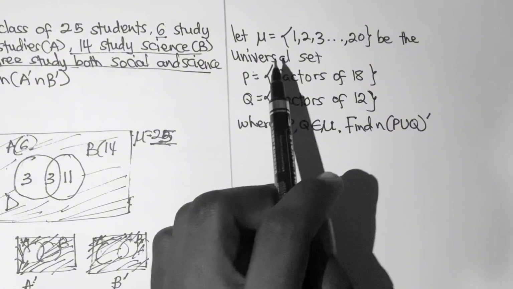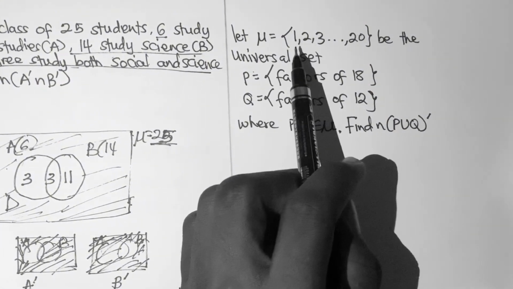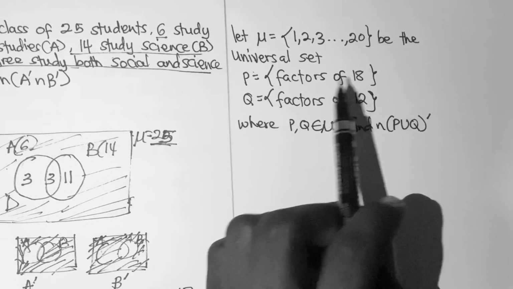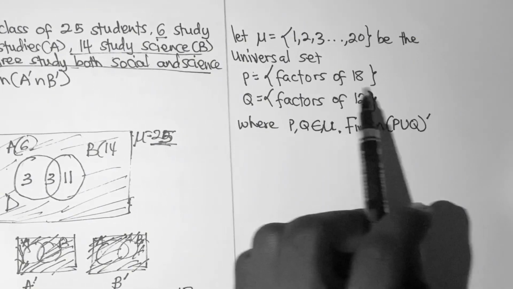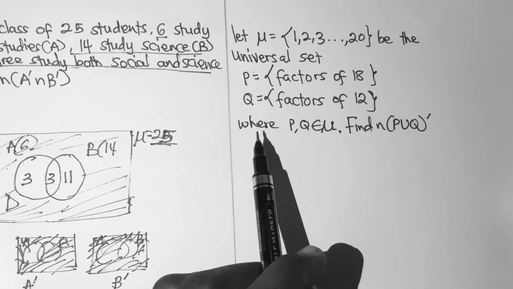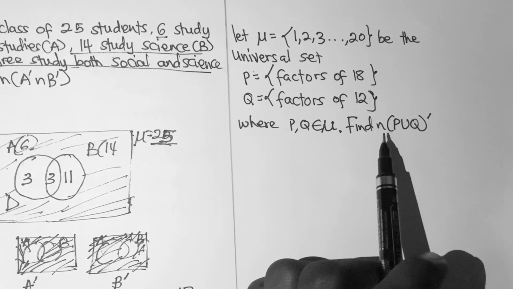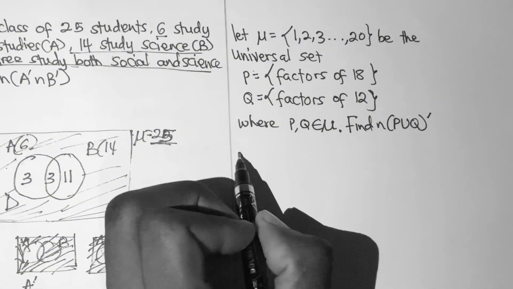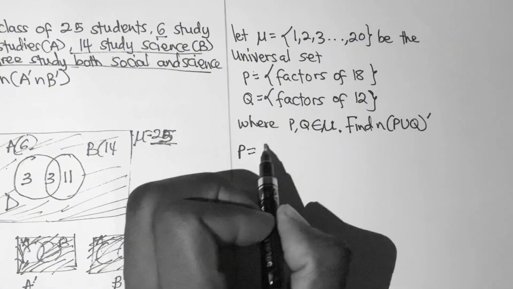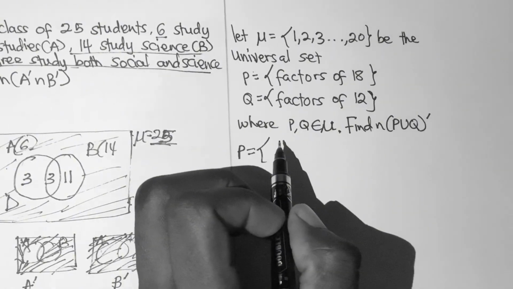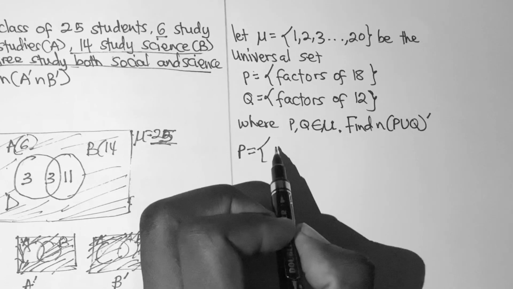Let mu equals, in brackets, the set of 1, 2, 3 up to 20 be the universal set. P is equal to factors of 18 and Q is equal to factors of 12. So we are supposed to find the number of P union Q prime. So let's list the members of P. P is equal to factors of 18.